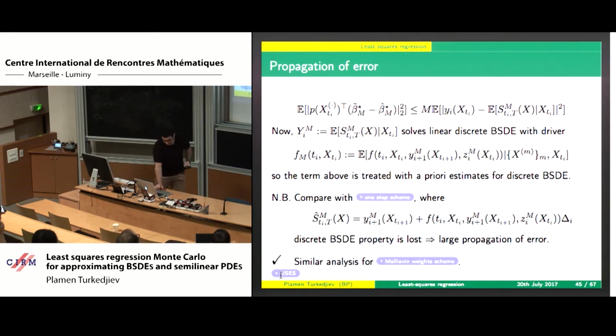If we look at this one-step scheme, so this was the multi-step scheme. The one-step scheme, by contrast, is where we only look one step into the future.